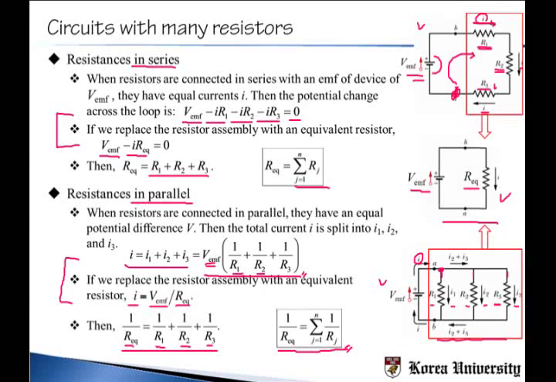Okay, so in this case, try to remember that if you have resistors connected in series, you will simply add them together to get the equivalent or total resistance. But in contrast, when you have resistors connected in parallel, then you will first take the inverse of the resistance and then make a summation. Then what you will get is the inverse of the equivalent resistance. Okay.